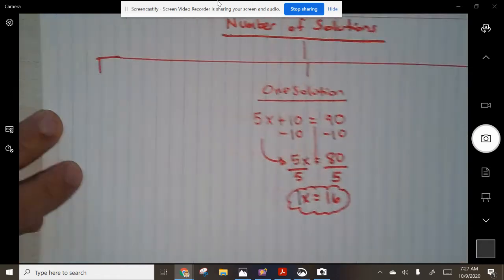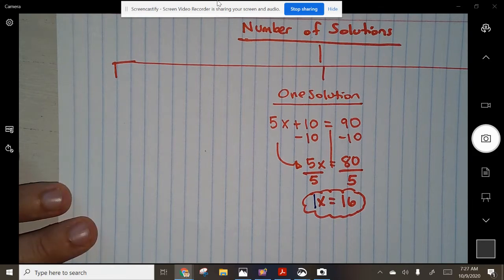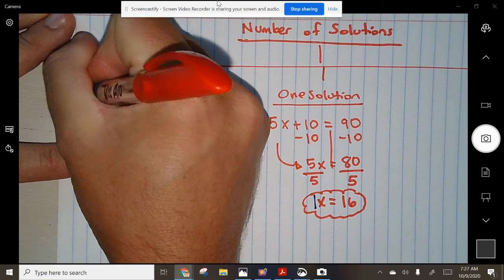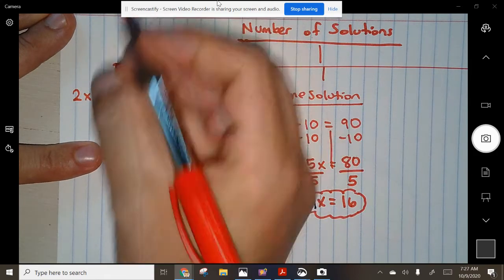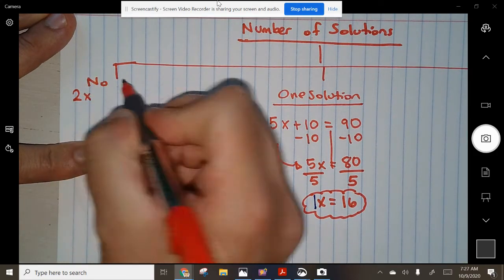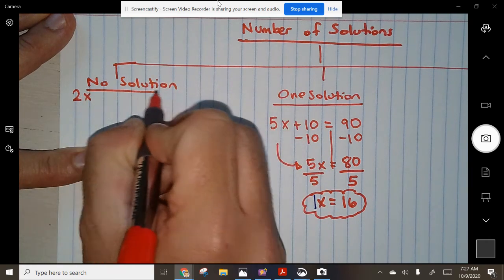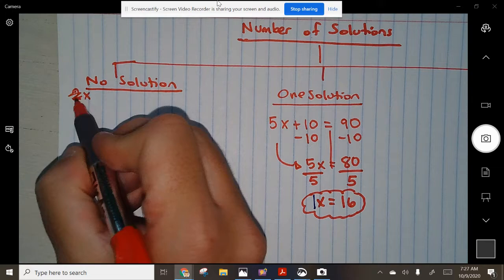Now I'm going to tell you, this is crazy, but actually, no, I'm going to tell you right now, it's going to be 2x. Actually, hold up, my bad. On here, it's going to be no solution. All right, and then let me move this down a little bit.